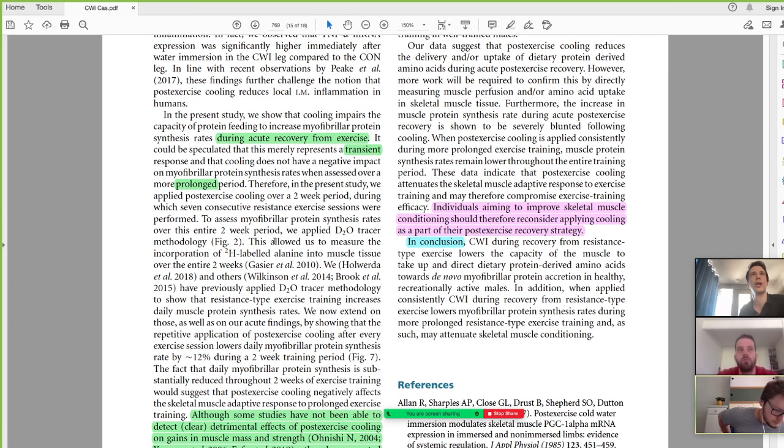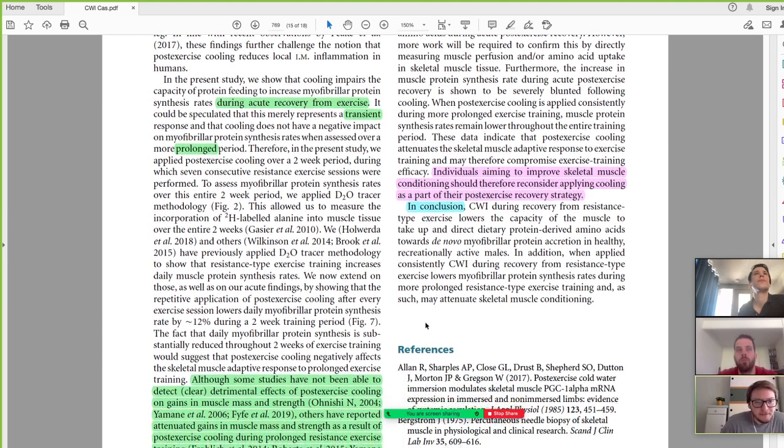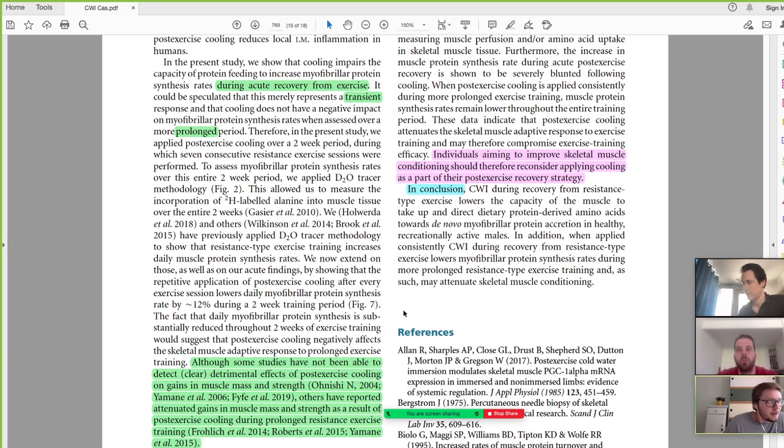Can you explain what he's doing here? So I think the first part of the discussion was mainly the acute response, so kind of like the first study. But as we already discussed, Cas also did a bit of a longer term protocol of 2 weeks.